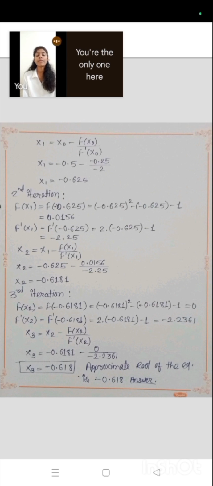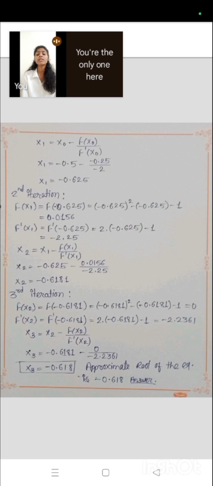When we solve this equation, the value of f of x2 is equal to 0. And f dash of x2, with the x2 value minus 0.6181, we solve with the f dash of x. So the value will be f dash of x2 is equal to minus 2.2361, and we put f of x and f dash of x in the Newton-Raphson formula.